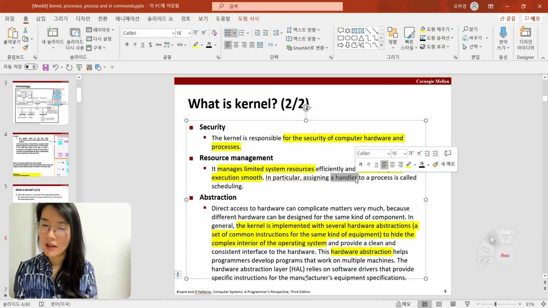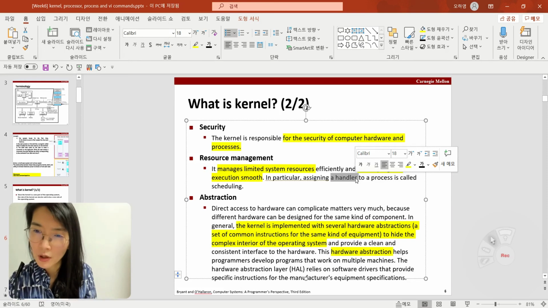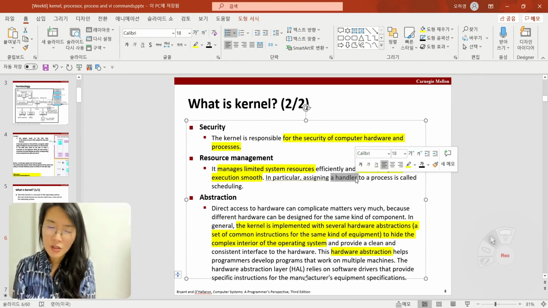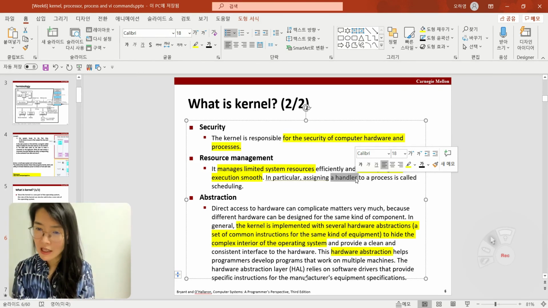Okay, and last concept of the kernel role is the abstraction. All right. As you know, direct access to hardware can complicate matters very much because different hardware can be designed for the same kinds of components.